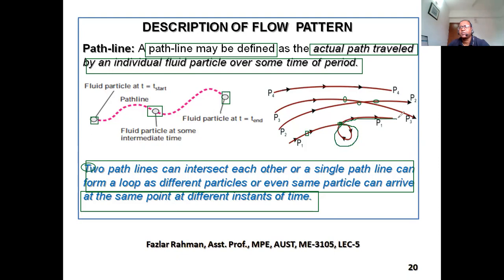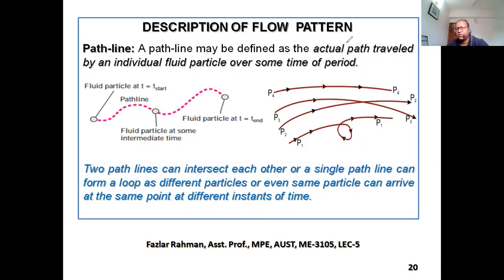Then it travels along this way. So you just need to understand what the path line is. It is a trace of the line followed by a fluid particle, or the path traveled by a fluid particle over some period of time.